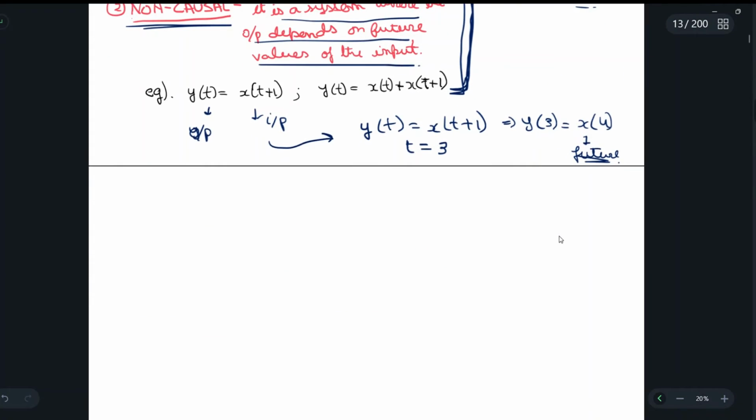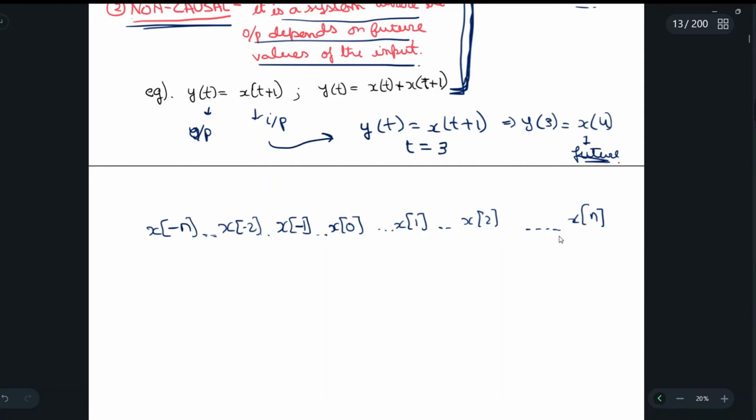Suppose we have the inputs x(0), then x(1), then x(2), and so on till x(n), and here we have x(-1), here x(-2), and here x(-n).